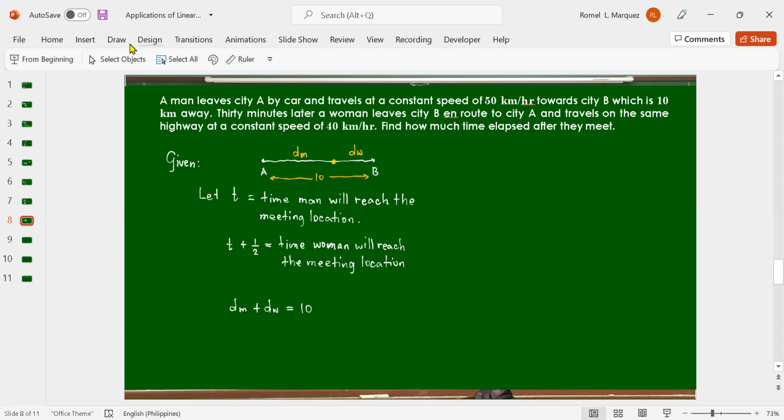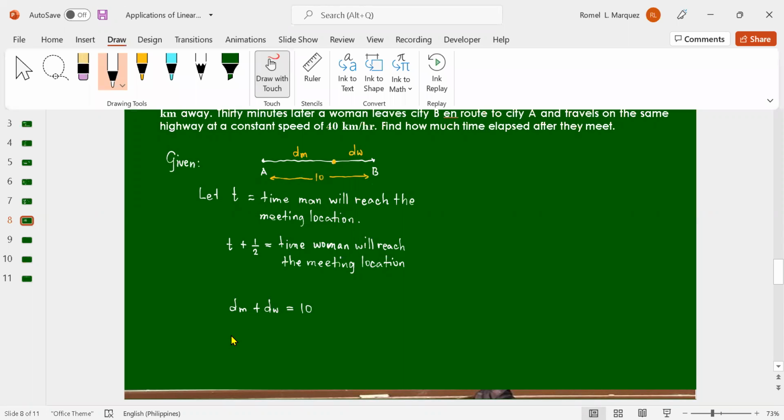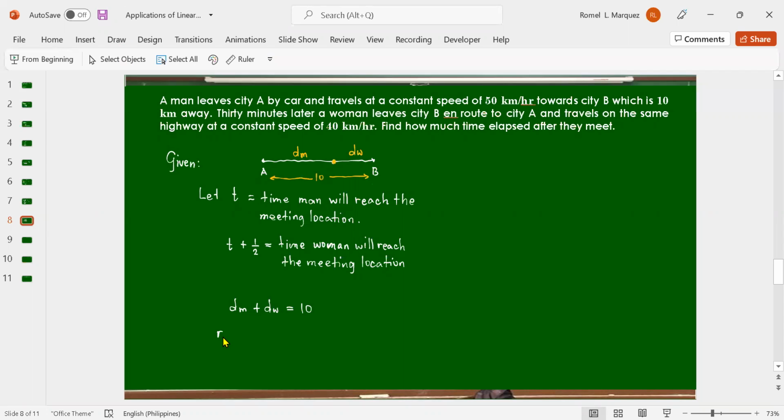So, what is the distance of the man? Rate times time. The rate of the man times his time plus the rate of the woman times her time is equal to 10. But what is the rate of the man? 50 kilometers per hour for his vehicle. So 50 times, what is the time of the man?